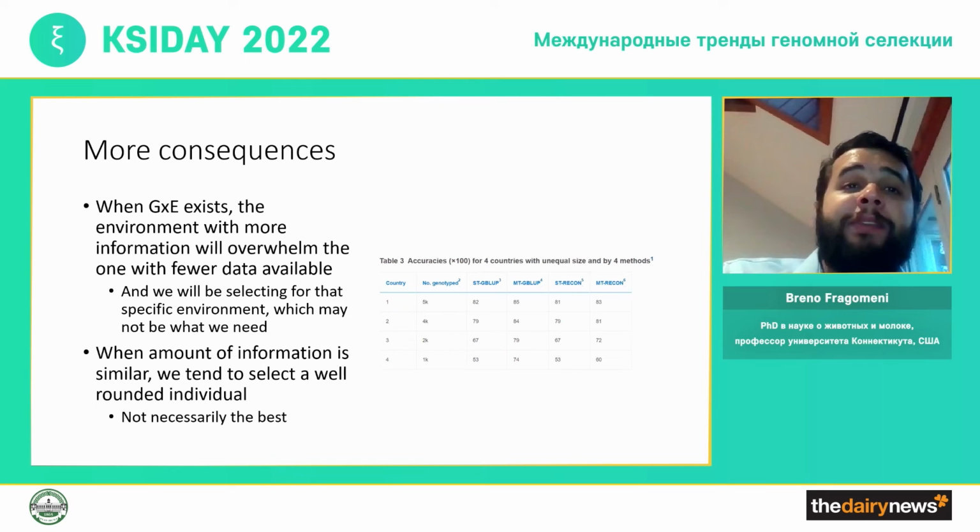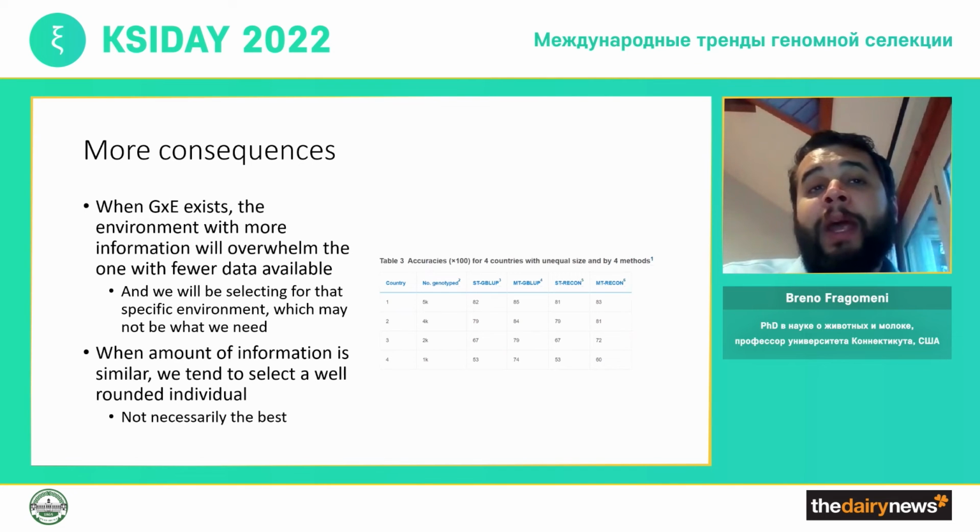The other problem of G by E is that when it exists and we put the evaluations together, countries or regions with more data will overwhelm those with fewer data. And what will happen is that we may be selecting for the environment that contains more data.